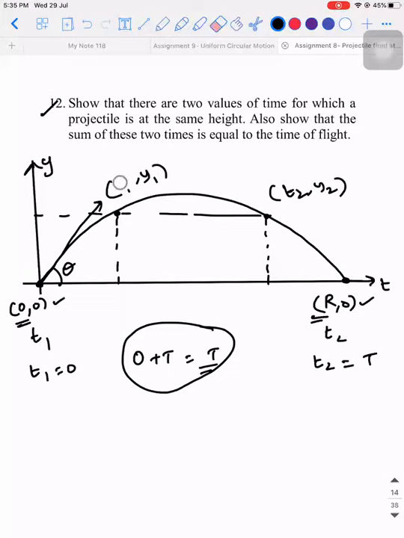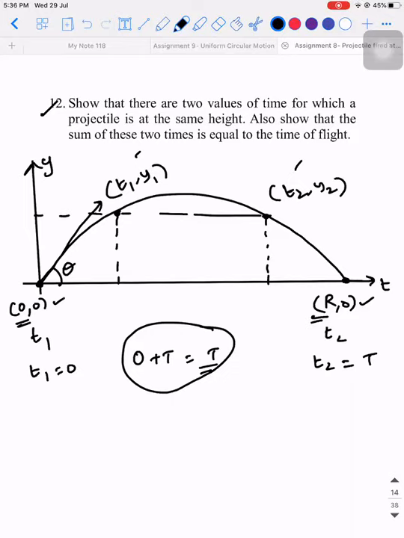So listen, if I take this point as t1 comma y1, if I take this point as t2 comma y2, okay. Now what is the change I need to make in these two plots? The height is same.